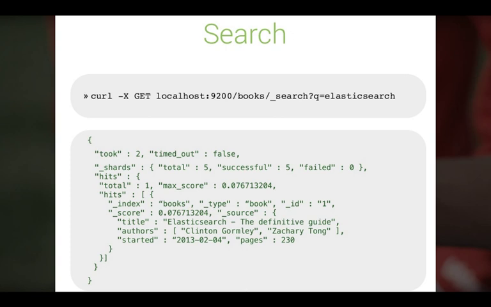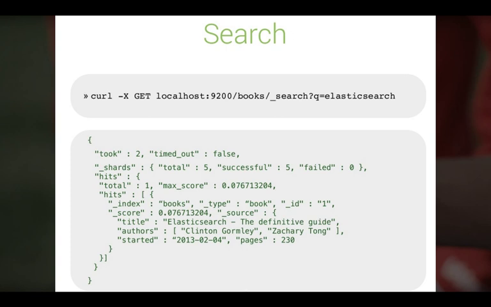When we run this query on our Elasticsearch, it will give us the following result, which you can see at the bottom. We have the data in JSON format which says took 2, timed out false, and shards we have total 5, successful 5, failed 0. As you know, we have seen what a shard is.